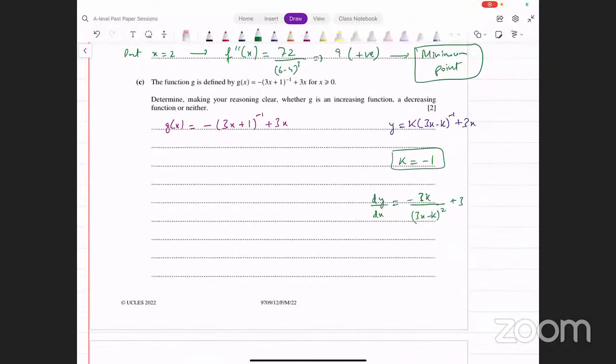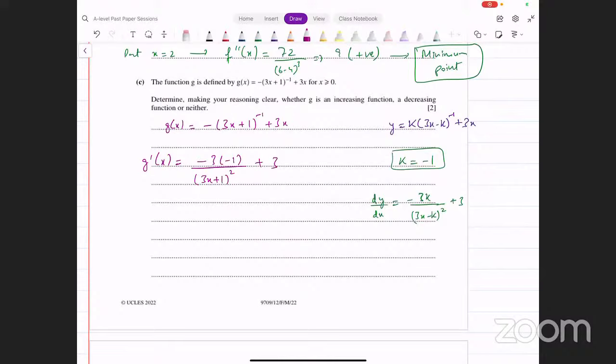ठीक है, अब यहाँ पे क्या करेंगे? क्योंकि यहाँ पे k की वैल्यू minus 1 होगी, g dash of x, g का डेरिवेटिव क्या आ जाएगा? It's going to be minus 3 into 1, because k की value minus 1 है, minus 3 into minus 1 over (3x plus 1) whole square plus 3.